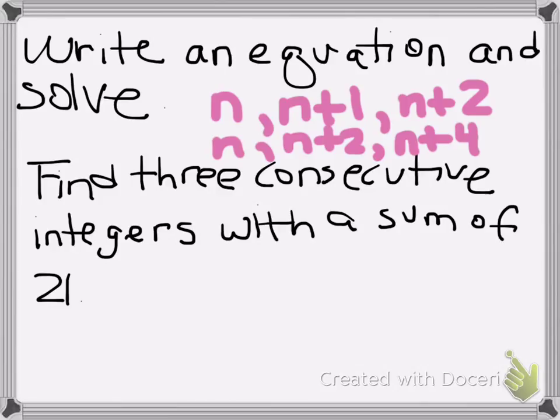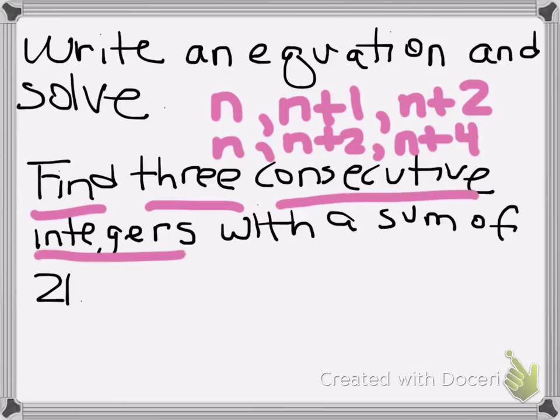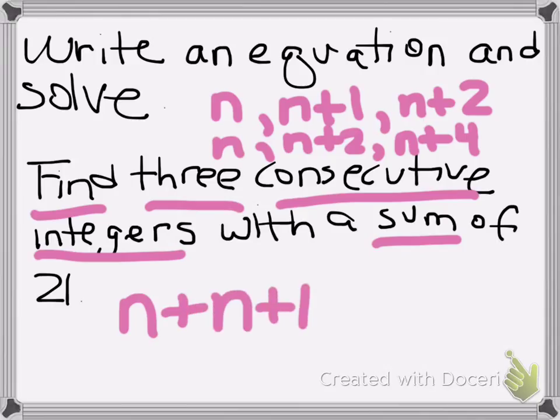So if you look underneath here, we have find 3 consecutive integers with a sum of 21. So let's say our first integer is n. Our next integer would have to be n plus 1 if they're going to be consecutive. And it also says sum, so I'm going to add n plus 1 plus n plus 2.